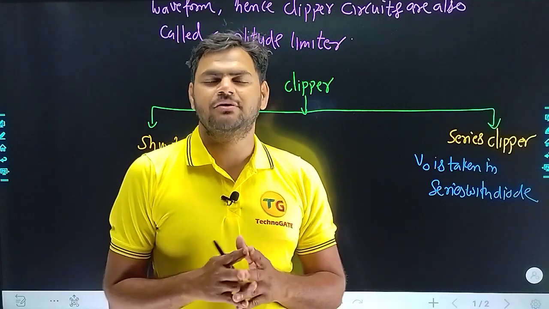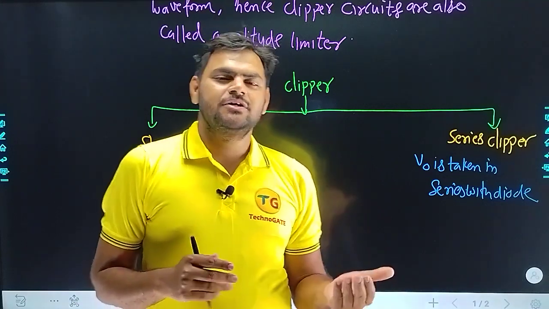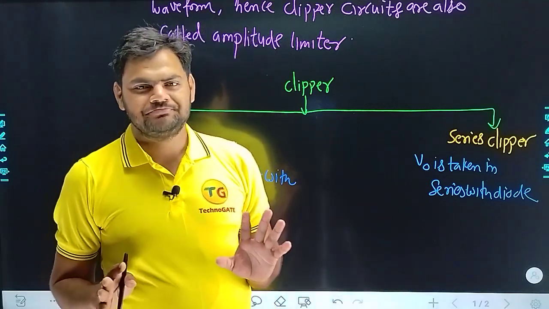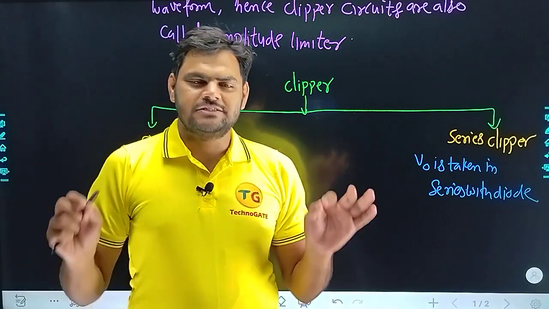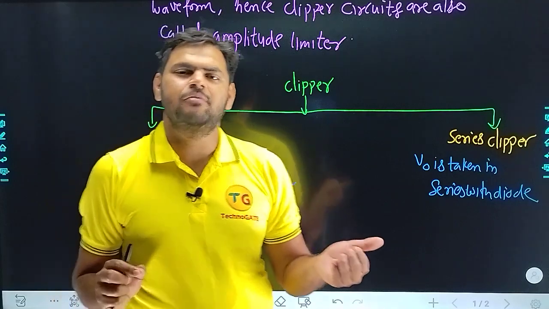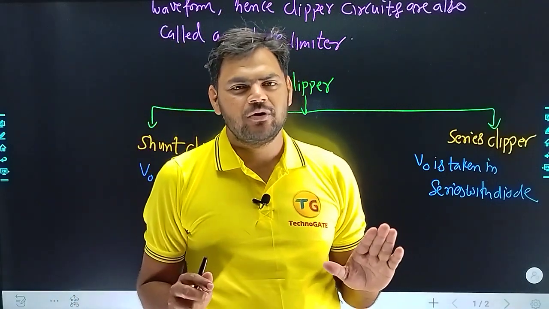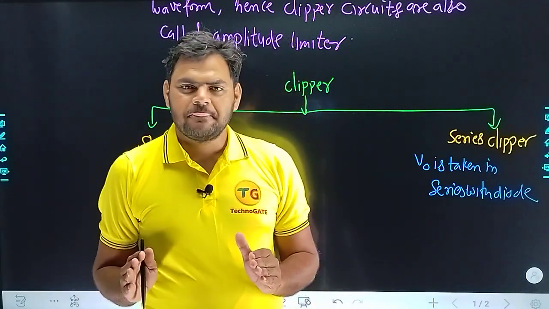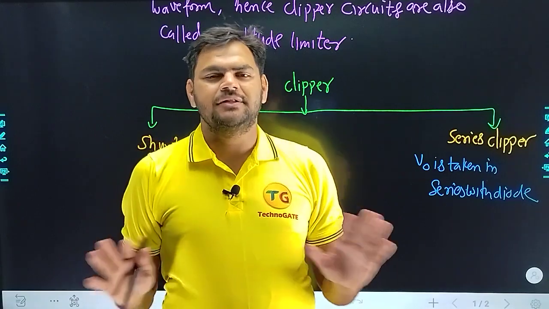In the shunt clipper or series clipper, you don't have the need to remember circuits for the GATE examination. Just understand the operation of the circuit, how the output waveform will be obtained for the given input waveform on the particular circuit, and how the diode will behave in that section.